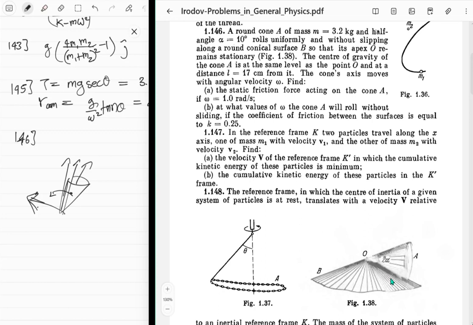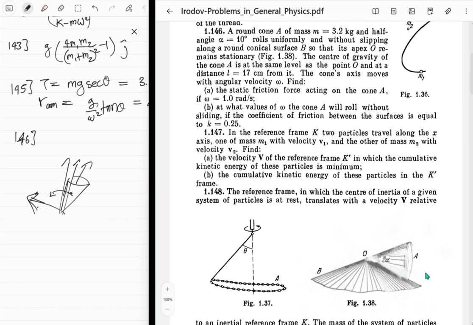Okay, at this point I think we should stop. This is one of those questions that needs more time, because I have no idea how I would do this. I could think about going to the rotating frame of XOA, and then there will be pseudo forces acting on it.